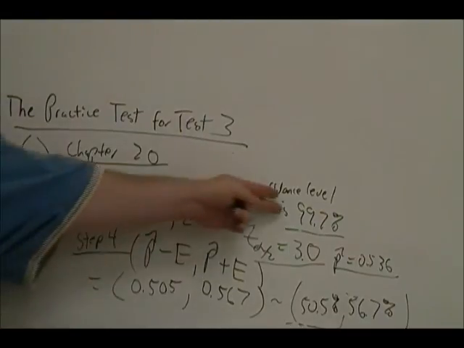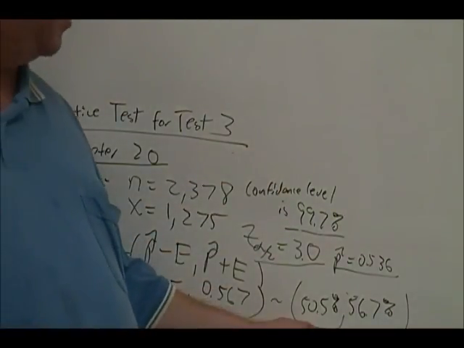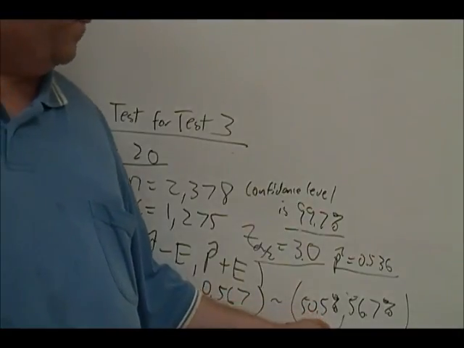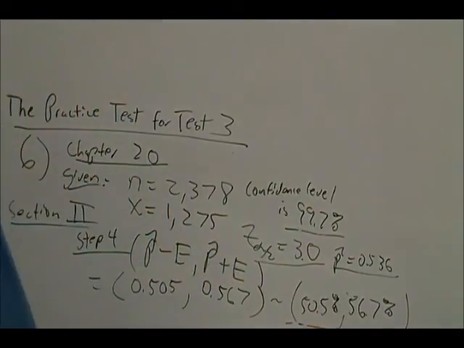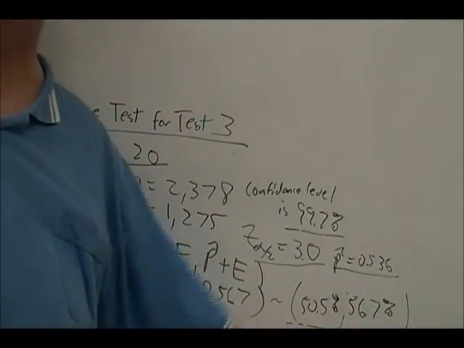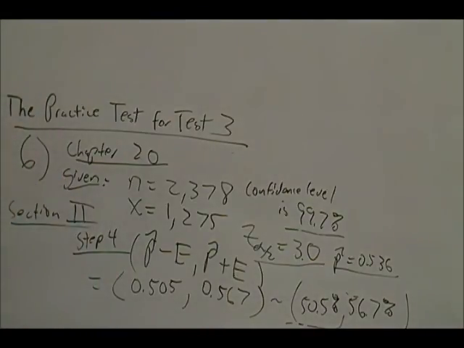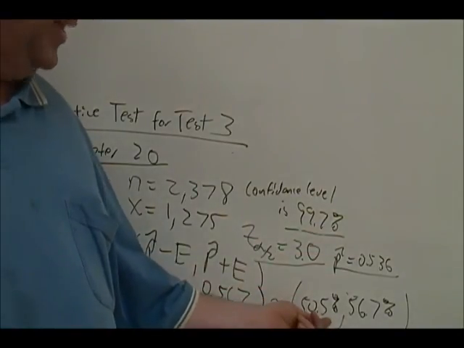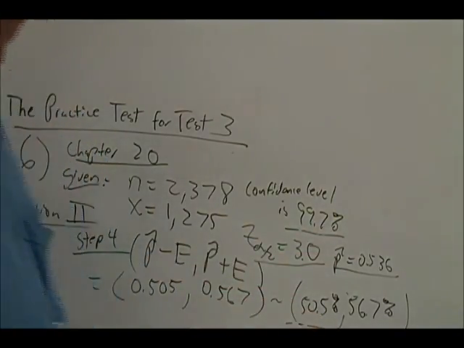But there's a high likelihood that the population percentage of voters that voted for Bill is between 50.5% and 56.7%, which means there's at least a 99.7% chance that Bill's going to win the election, if there's only two candidates in the election, and Bill, with at least this probability, is going to get at least 50.5% of the vote.